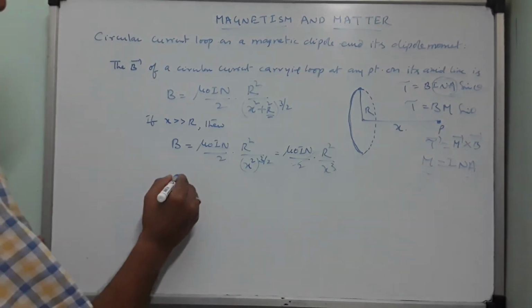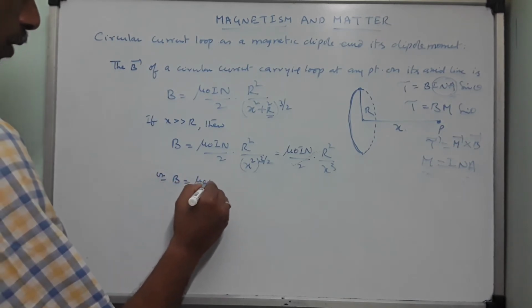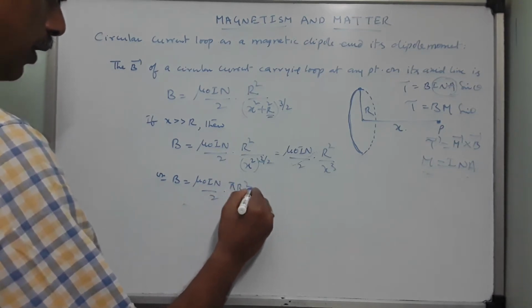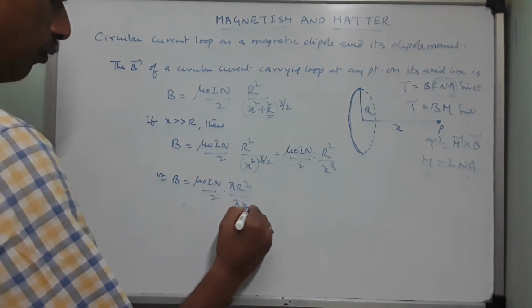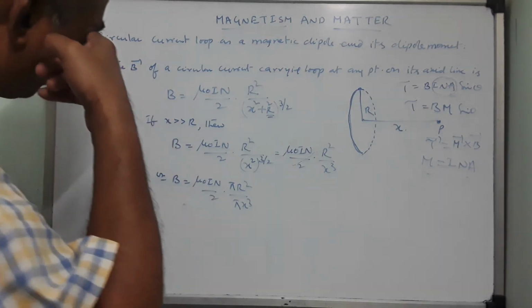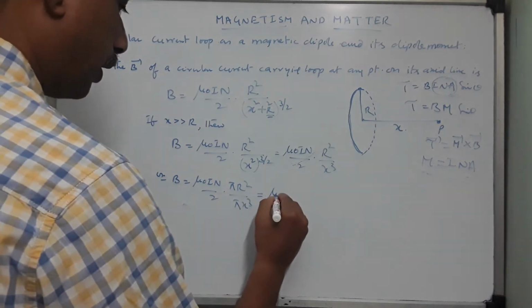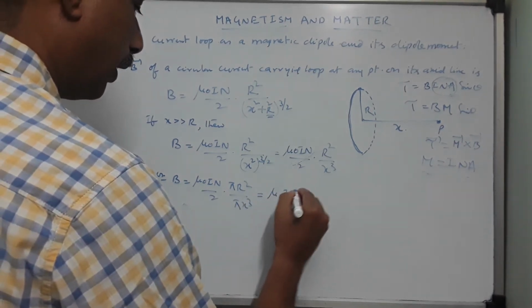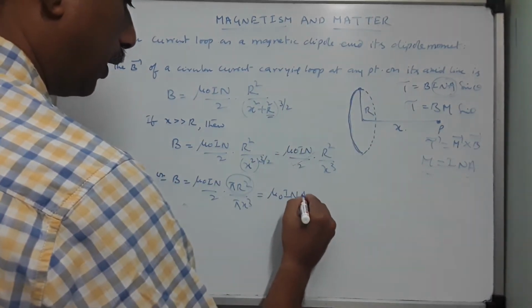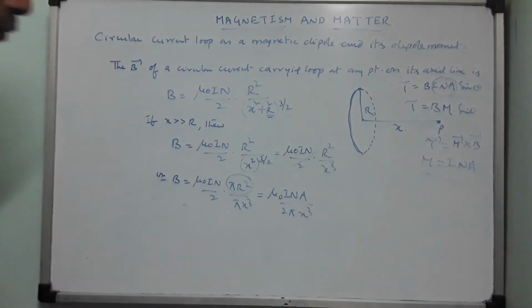So B equals mu naught into I into N divided by 2 into pi R square divided by pi X cube. Multiplying and dividing with pi. Right. So this will be, children, mu naught into I into N into pi R square, which is the area of the circular loop, INA divided by 2 pi into X cube.